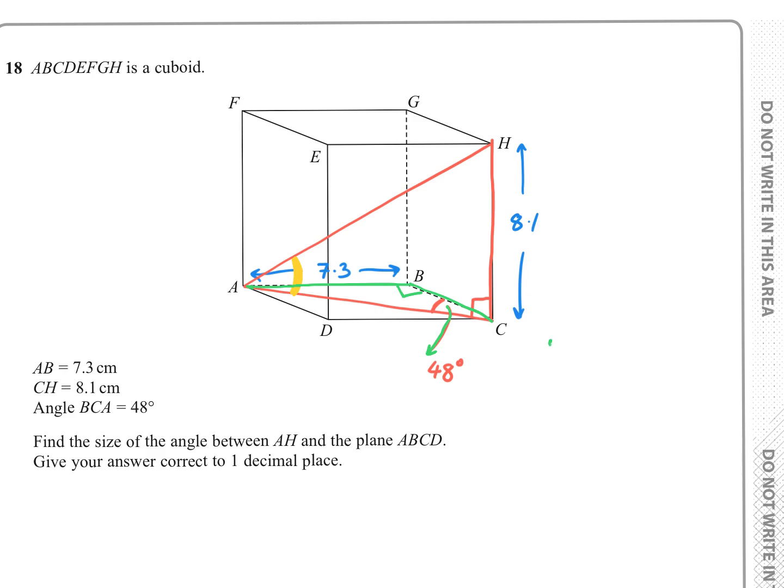So I can say in triangle ABC, which is on the base, which is on the plane ABCD, I can say in triangle ABC, sine 48 equals, well, opposite, which is 7.3, over hypotenuse, and I'll just call that y, because it's opposite the right angle. So y is going to be 7.3 divided by sine 48.